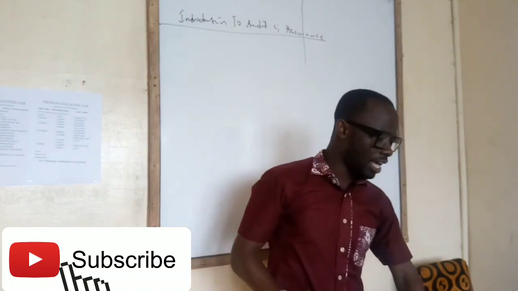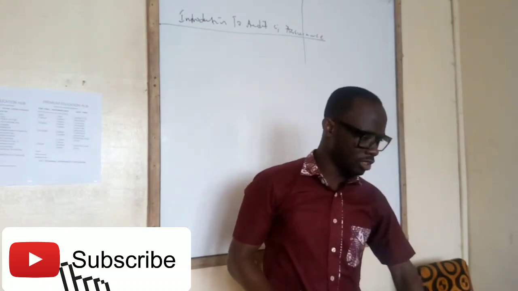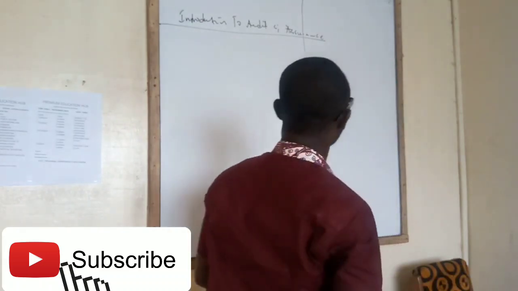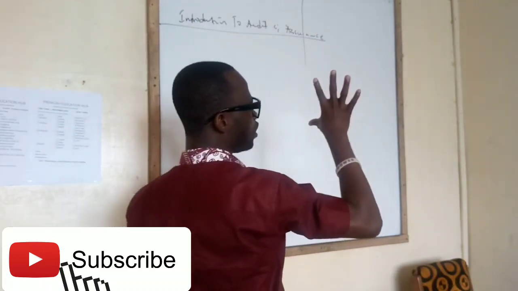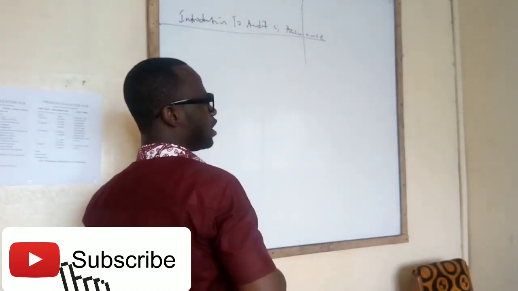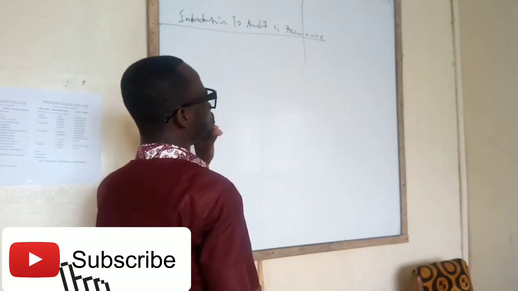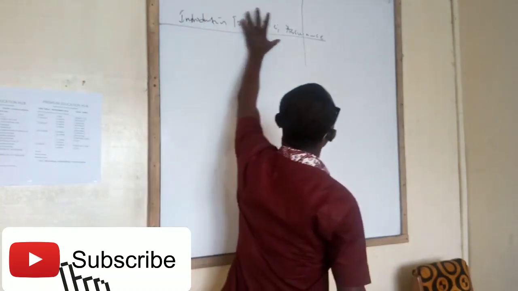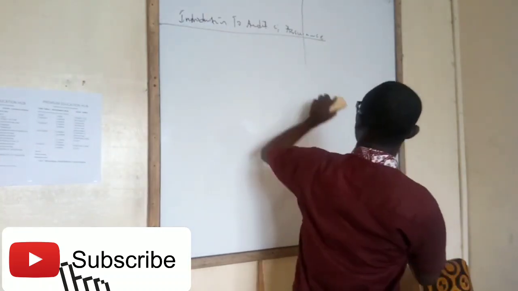Now, to look at audit and assurance and start with the introduction, there are 5 W's and 1 H that we need to consider. In other words, there are 6 questions we will answer if we want to understand what audit and assurance is.